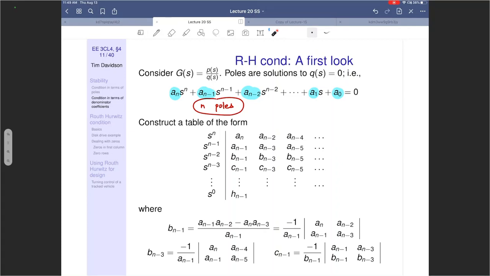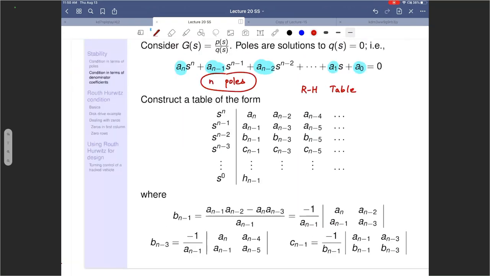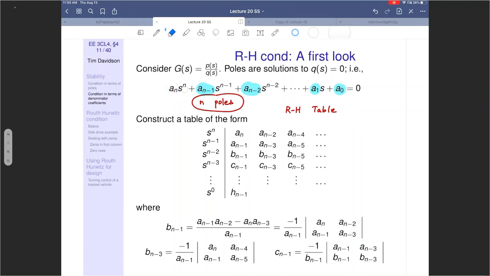For that, I need to construct a table. This is called the Routh-Hurwitz table or RH table. What do I need to do? I need to take in my coefficients. So let me erase this here. How do I form the Routh-Hurwitz table?